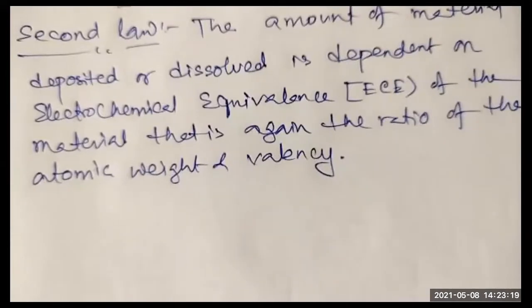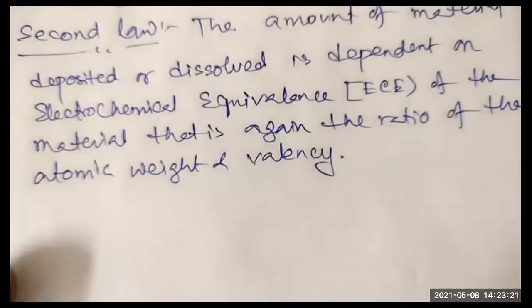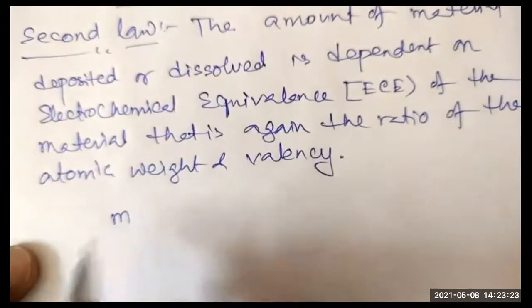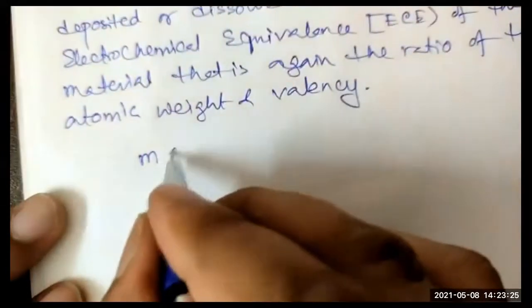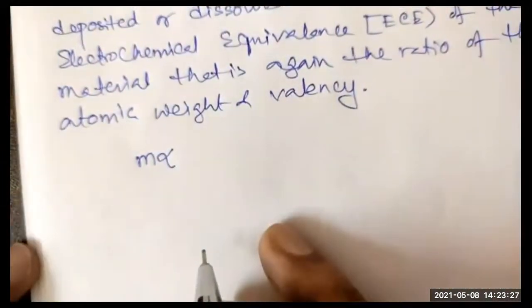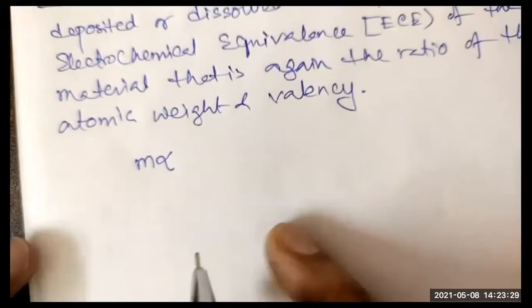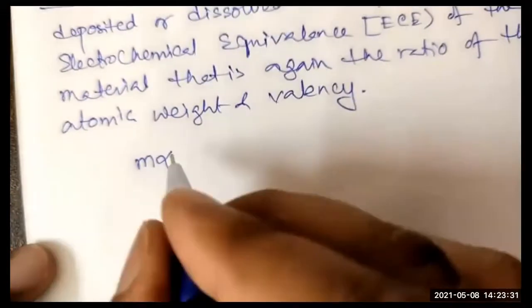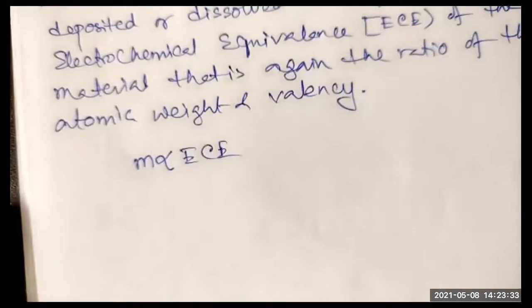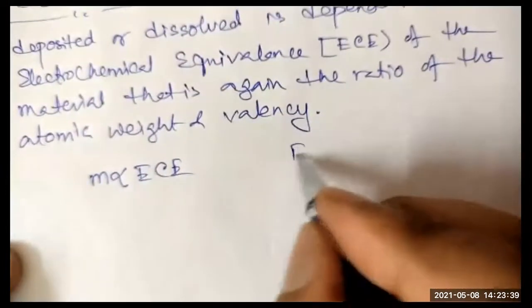Right. So what is the meaning of it? The meaning of it is M, once again, is directly proportional to the ECE. That means electrochemical equivalence. So what is the meaning of ECE?